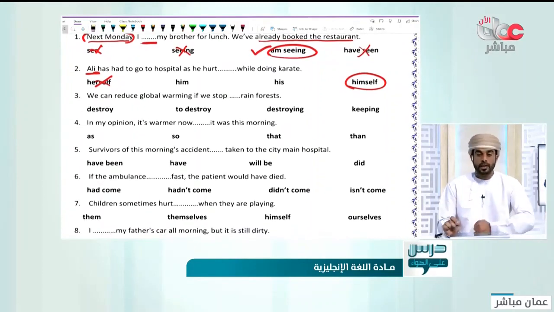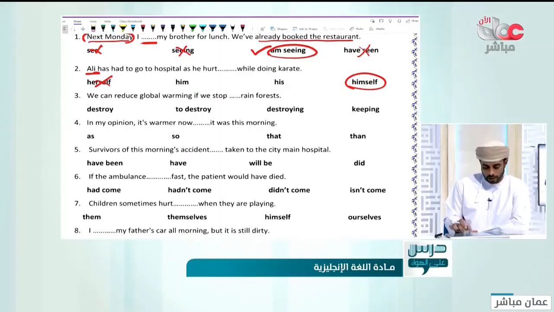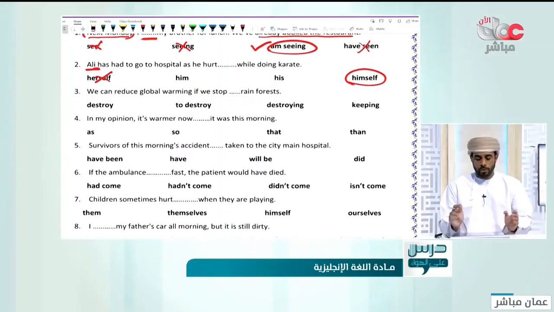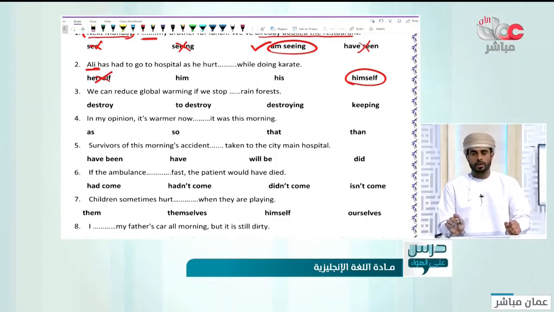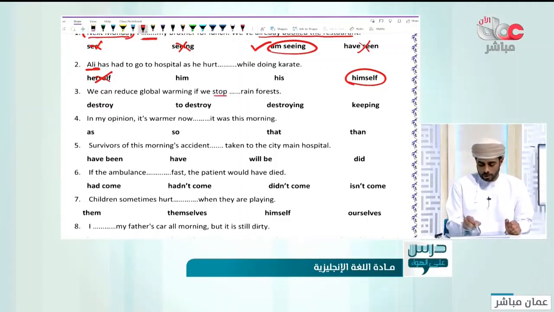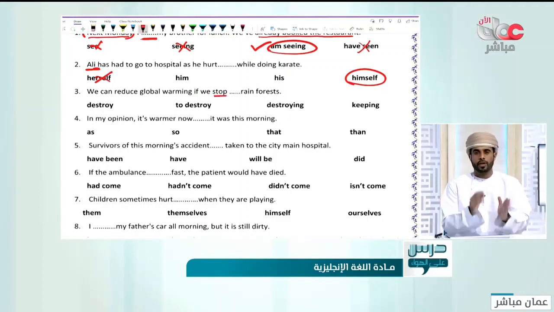Now, let's go to question number 3. It says in here, we can reduce global warming if we stop blank rainforest. If we stop destroying, or keeping. First of all, we have the verb stop. So if we have the verb stop, can we use another verb directly with it?